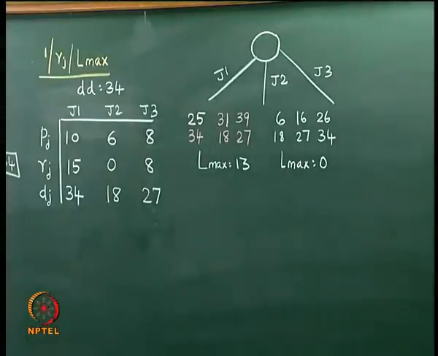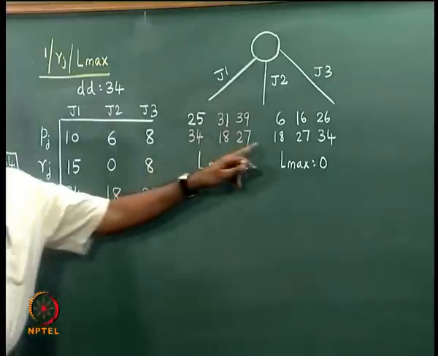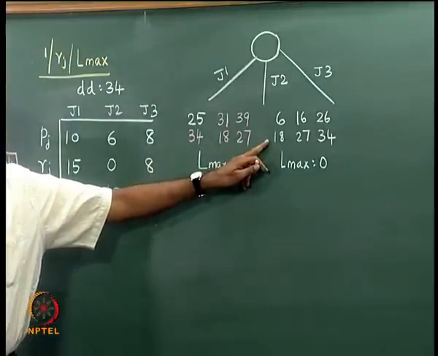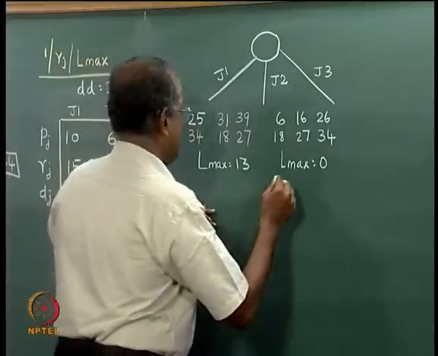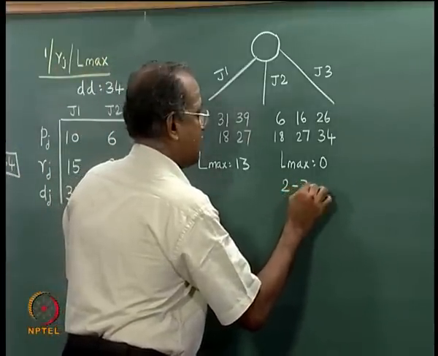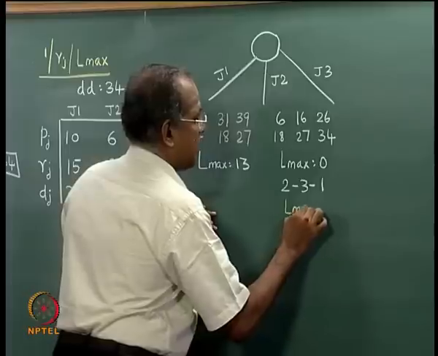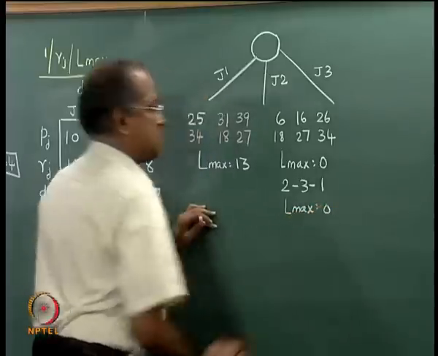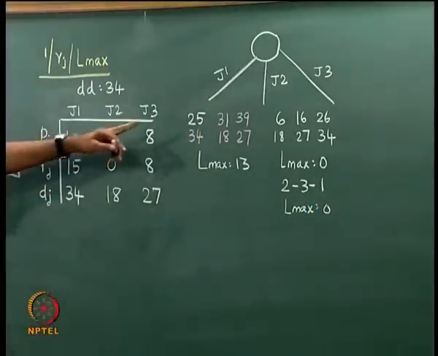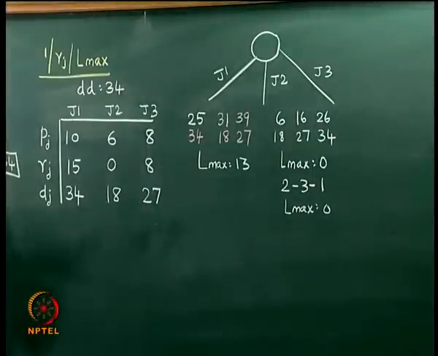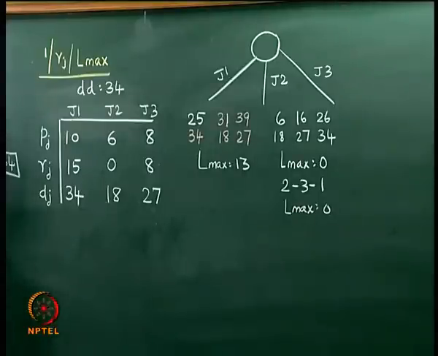And we also realize that what we have done is we have evaluated a feasible solution with 2, 3 and 1 with Lmax equal to 0. This is a feasible solution with J2 first, then J3 and then J1 with Lmax equal to 0. Therefore, we can stop the algorithm here itself.